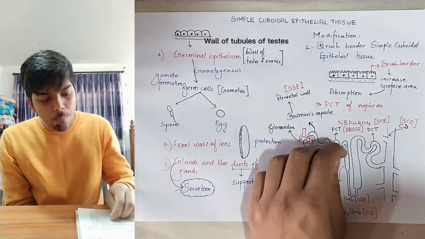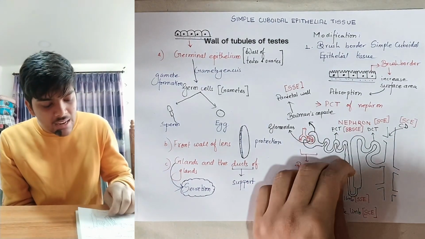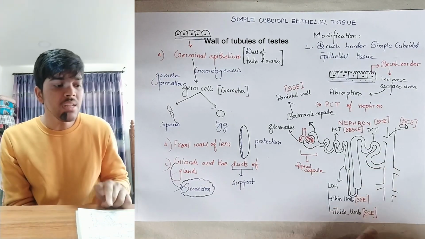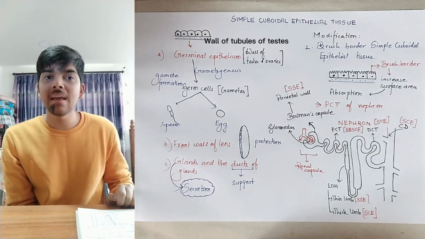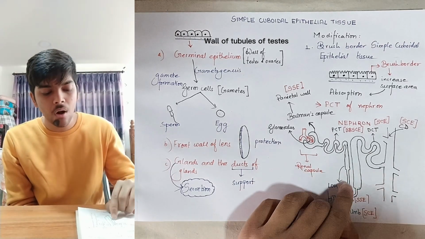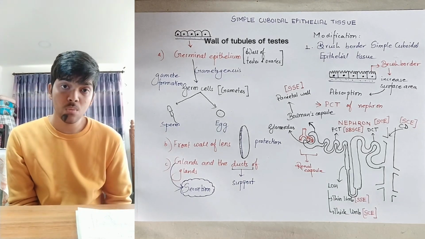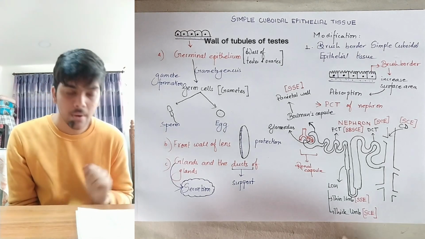Next, in the loop of Henle, the thin limb, since it has a very narrow lumen, only simple squamous epithelium can adjust in there and form the lining of the wall of the thin limb of the loop of Henle. That's why that's the tissue found right there.